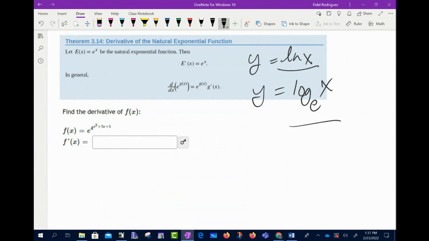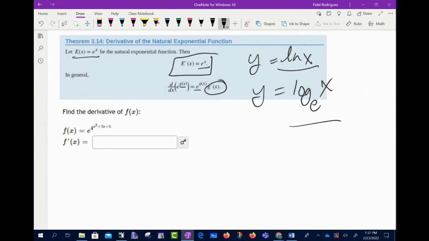So when we're taking the derivative of e to the x, if my function is e to the x, the derivative is the same exact function, okay? But using the chain rule, if I have the derivative of e to some particular function, it's going to be e to that function times the derivative of whatever my exponent happens to be. Again, this is using the chain rule, right?